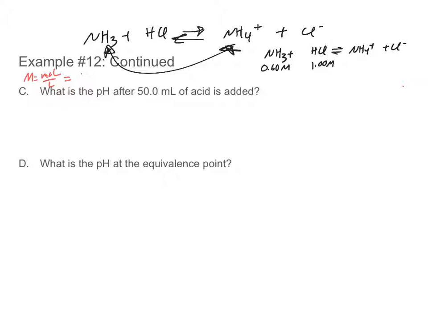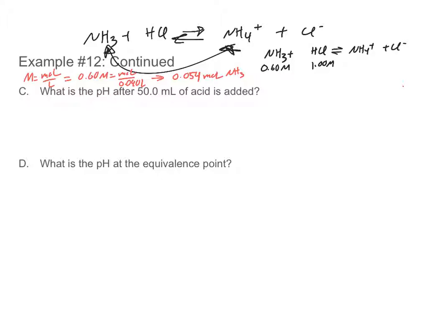If we have 0.60 molar equals moles over 0.090 liters, that gives me 0.054 moles of the NH3, right?